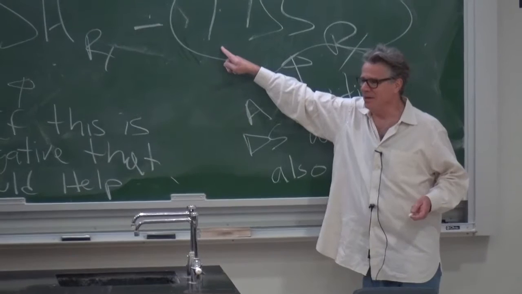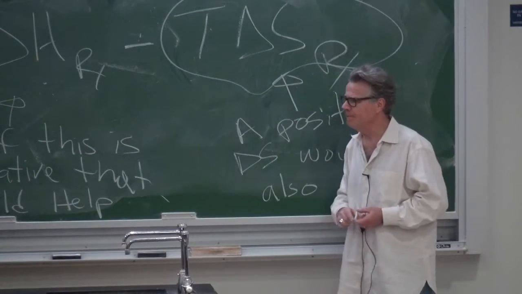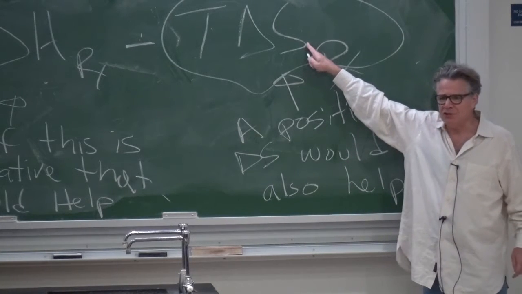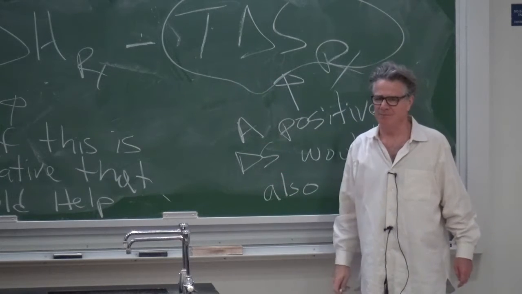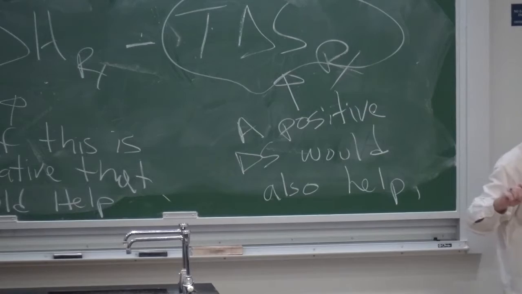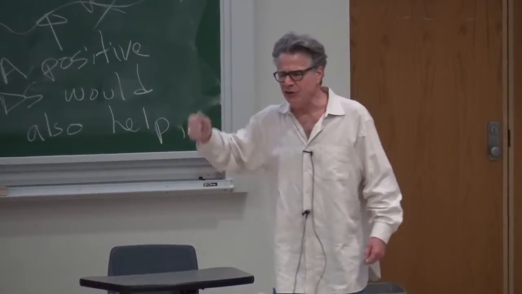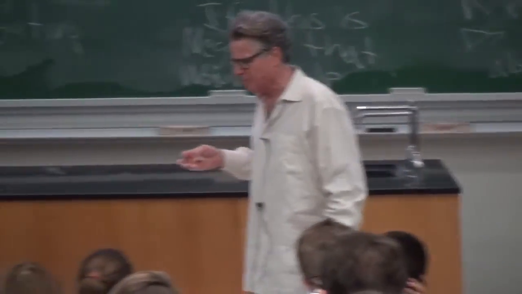Temperature. Again, temperature rears its ugly hot head. The importance of this term increases with temperature. The importance of the entropy term increases with temperature. The energy that you get from the entropy term increases with temperature.